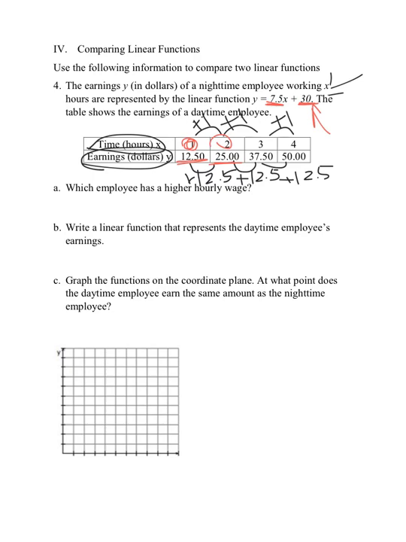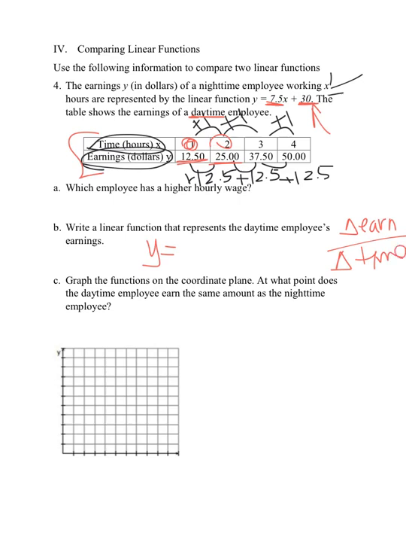So who's got the higher hourly wage? Well, this table here shows that of the daytime employee. Therefore, the daytime employee has a higher hourly wage. So the daytime employee's earnings, if you're writing that as a function, y is going to equal your change in y over your change in x. So your change in earnings over your change in time.